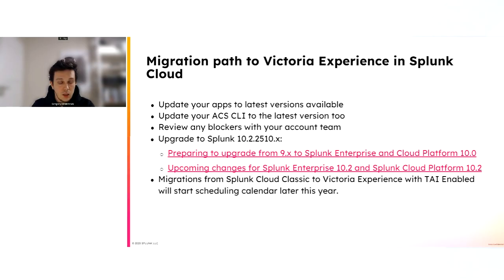That will put you in a good place for a fast migration. The features that Shimon just showed come with the latest version of ACS CLI. If you're an existing customer and had that CLI installed before, it's probably a good idea to update the version of the CLI to make sure those are included.